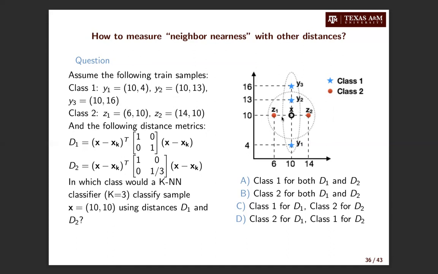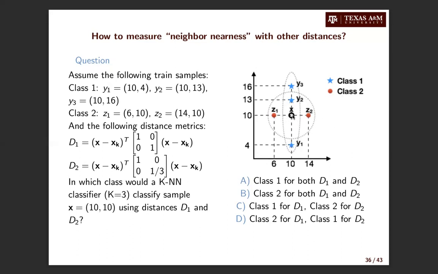And in this example, we have two classes, class 1, which is represented by an asterisk in our data, and class 2, which is represented by a red circle. So class 1 has 3 samples, Y1, Y2, and Y3, and class 2 has 2 samples, Z1 and Z2, as we see in this figure.